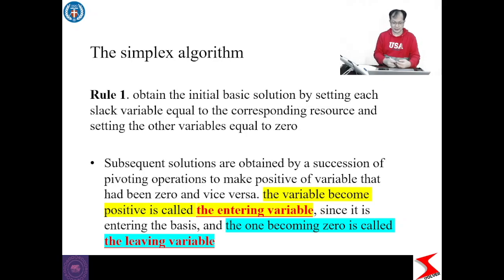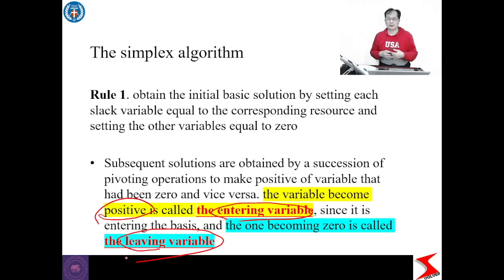Here are some examples about the terminology of the variables. Subsequent solutions are obtained by a succession of pivoting operations to make a variable positive. That variable is called the entering variable. And the variable that becomes 0, we call the leaving variable.